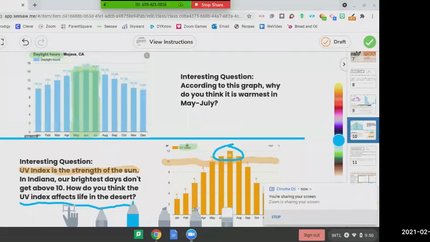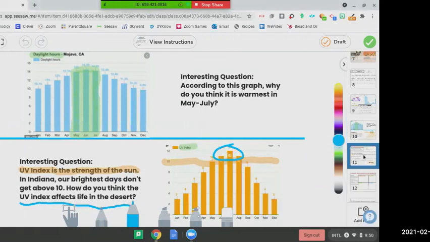Get shelter. Yep, they've got to find shelter. A lot of times we've read that our animals in the desert are nocturnal, so they're going to be awake during the nighttime when that sun is not there. So I'm hoping you're seeing that our weather inside of climate regions majorly affects the plant and animal life that lives there, okay?